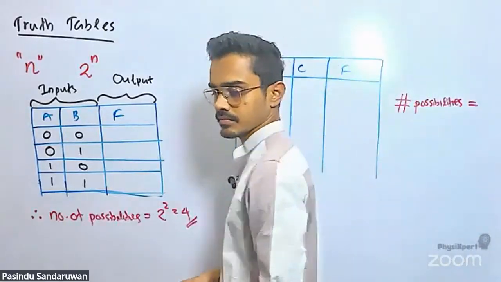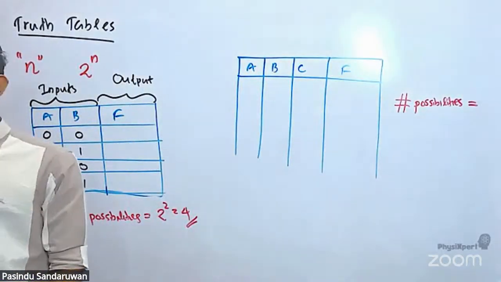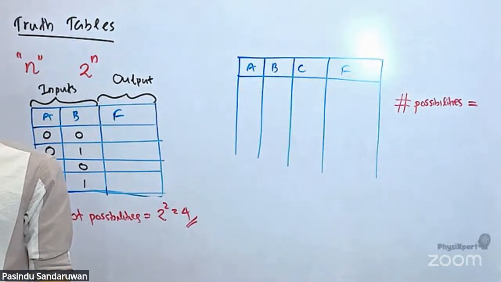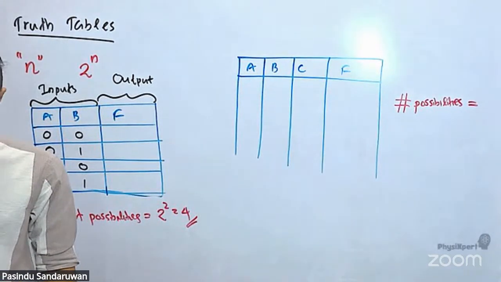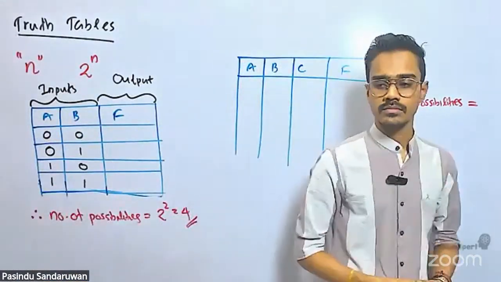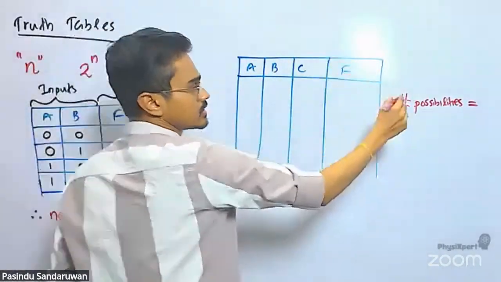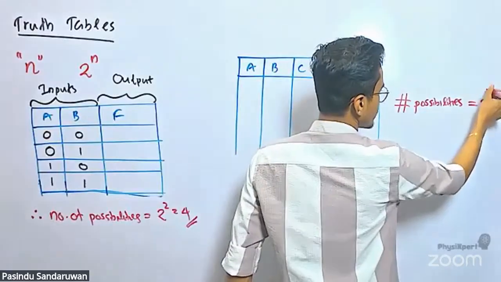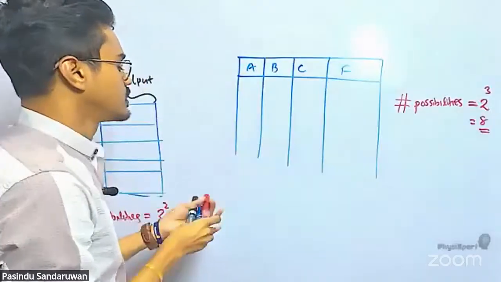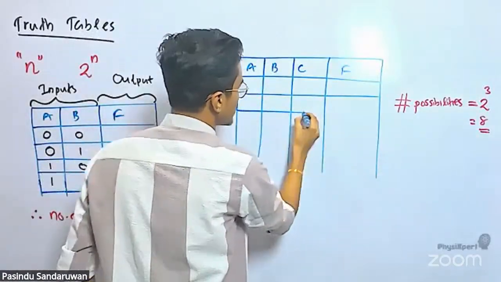Finished? These are the inputs. A, B, C are inputs. Then the number of possibilities is 2 to the power of the number of inputs, 3. Then you have 8 possibilities. Then divide this into 8 rows and fill up.